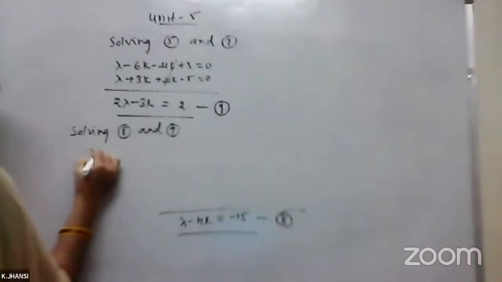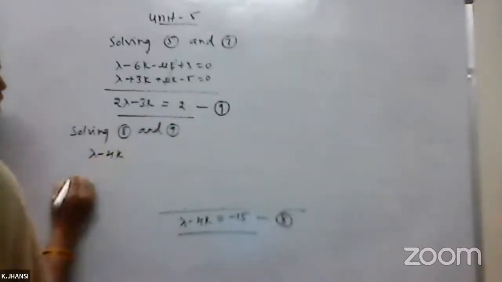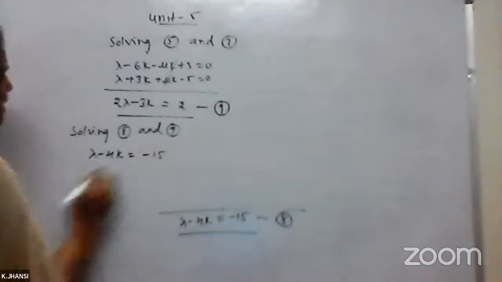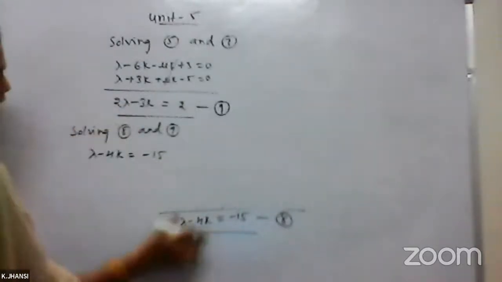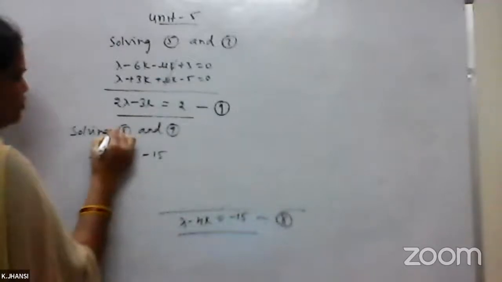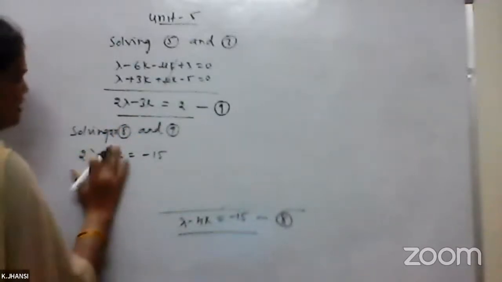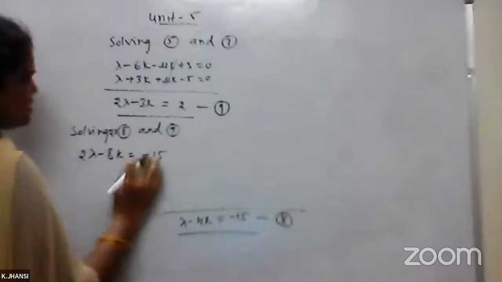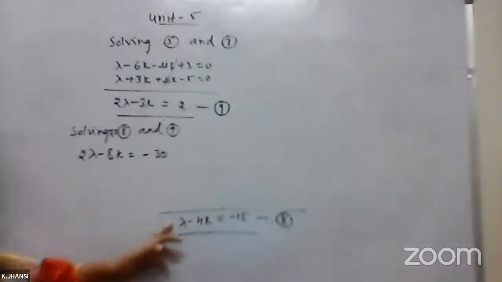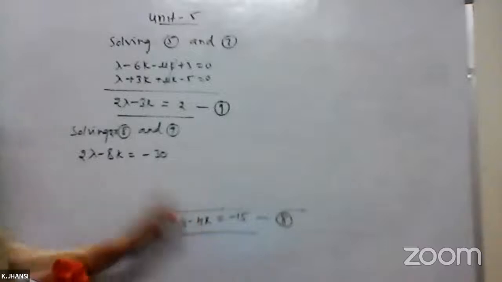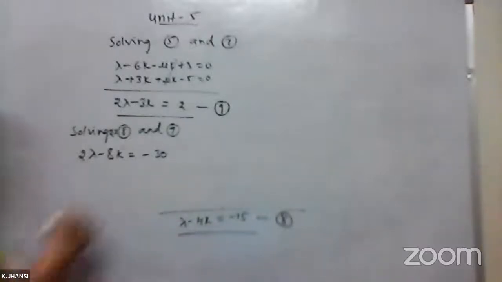The eighth equation is lambda minus 4k equals minus 15. So here you have to multiply this 8 by 2. If you multiply, it is 2 lambda minus 8k equals minus 30.